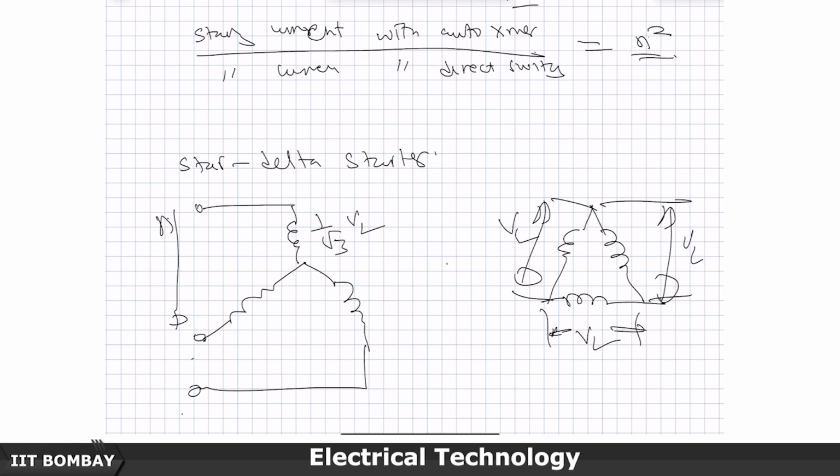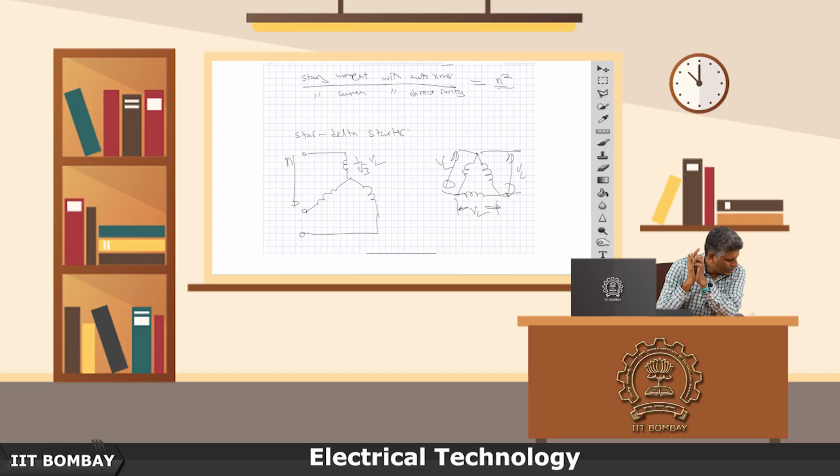The voltage is made 1 by root 3 times, so the torque will become one third, and a similar argument will show that the current will also become 1/3 at the time of starting, because the stator windings are connected in star at the time of starting. When they are moved to delta, whatever you get becomes 3 times more or less.